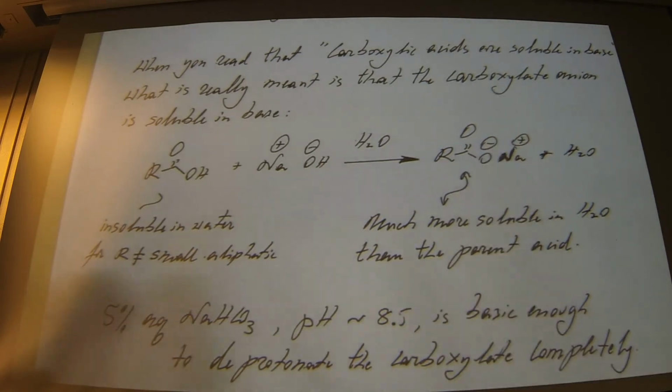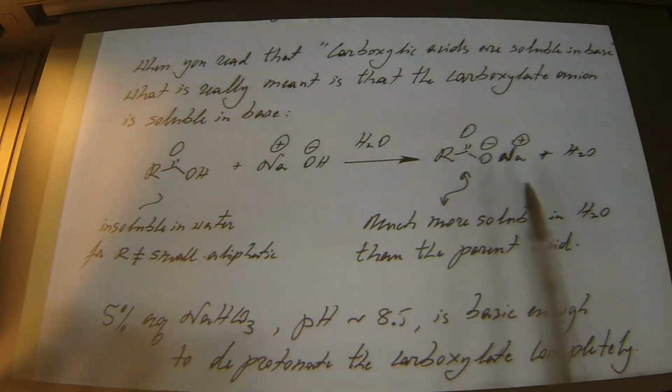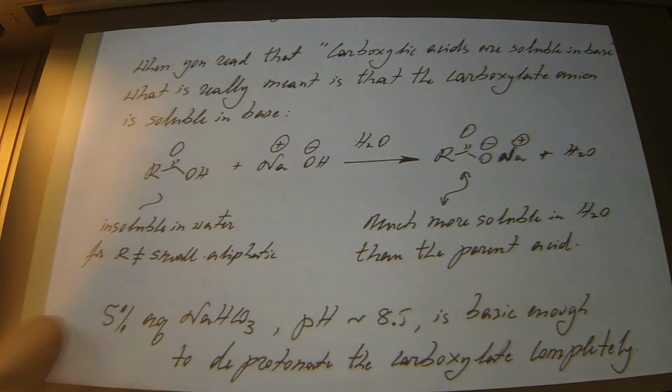The reason is because this is now a charged salt, and water can solvate the negative component of the salt and the positive one, right? If you go back to the chapter on solubility from Chem 272, you can convince yourselves why this should be much more water soluble than that.